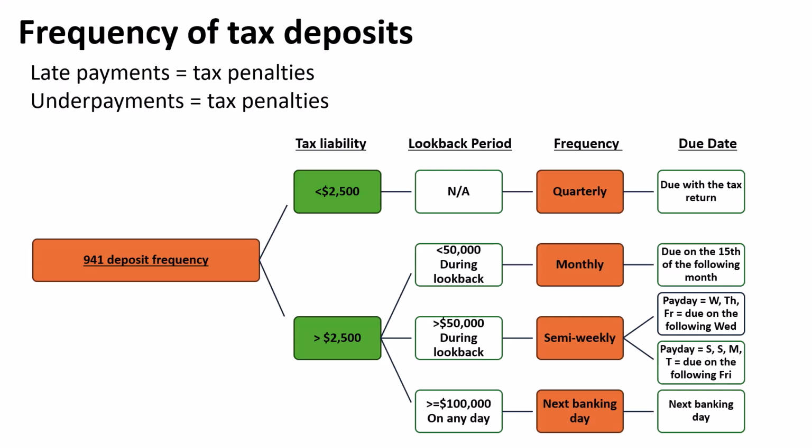The IRS is very strict about when deposits must be made. Also, the IRS prefers electronic payments and requires electronic payments if the annual federal tax deposits are more than $200,000. Employers who are required to make electronic deposits and do not do so can be subject to a 10% penalty.